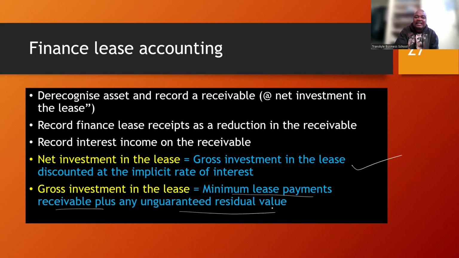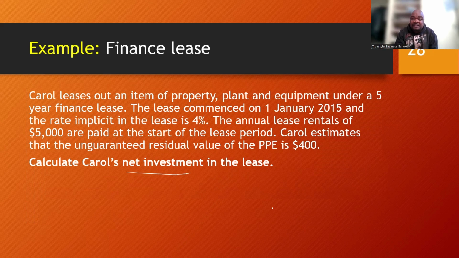So what are the lease payments receivable? The lease commenced on 1 January 20X5, and the rate implicit in the lease is 4%. The annual lease rentals of $5,000 are paid at the start of the lease period. So these ones are paid at the start of the lease period.